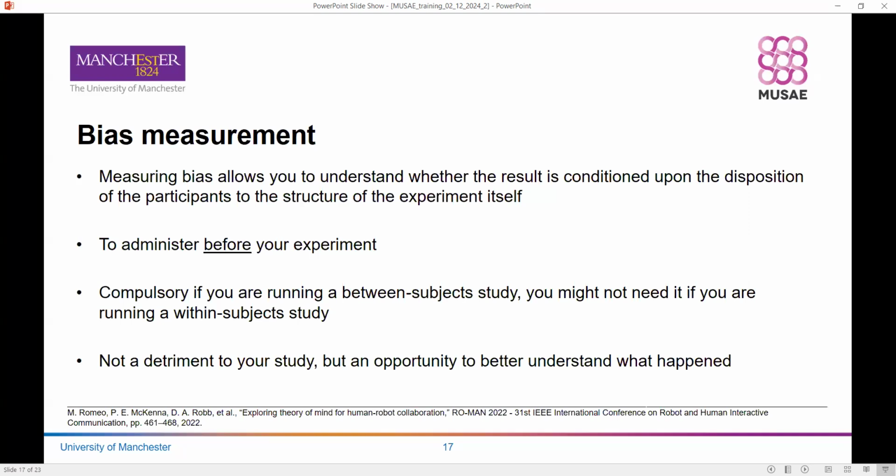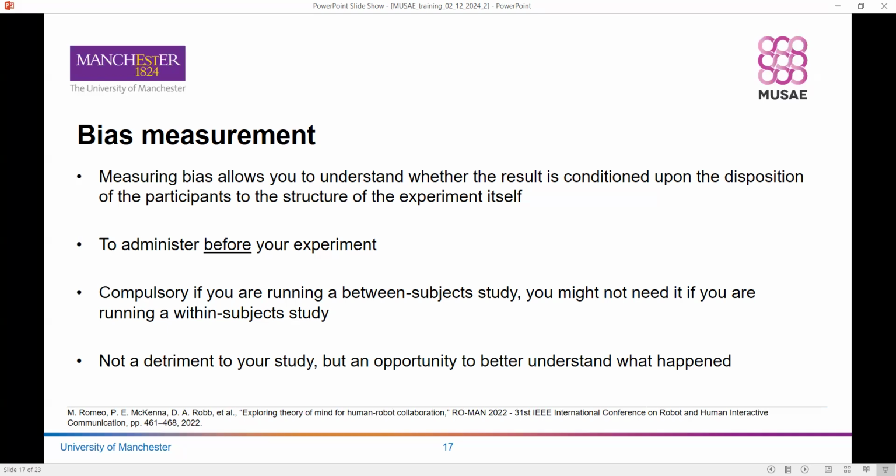For instance, if you get good performances with a certain pool of participants, but all your participants were younger than 25, a reviewer can say, oh, okay, but you got very good performances because you got a pool of participants that were very good with technology. Are you sure you would have got the same results if your participants were above 65? These are all aspects that you need to take into account while you're recruiting the participants.